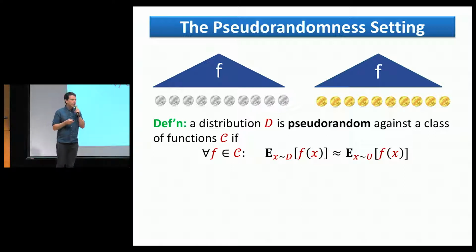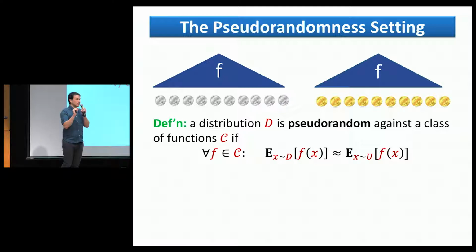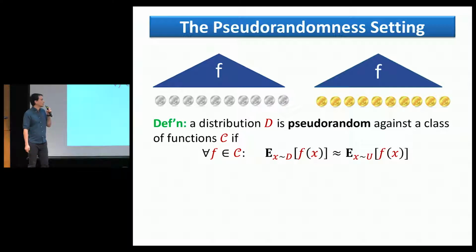I'm thinking of Boolean functions, so this is really asking what is the acceptance probability of the function. So I'm saying the acceptance probability here would be the same as the acceptance probability here. And maybe I will allow a difference of an epsilon between these two probabilities. Maybe a very small epsilon difference.